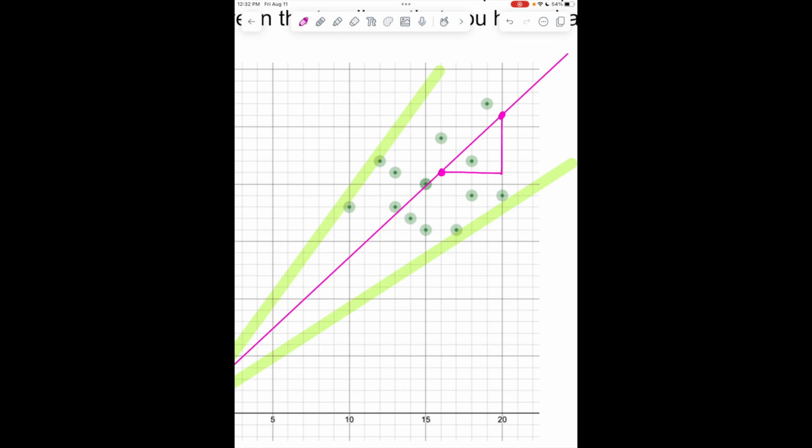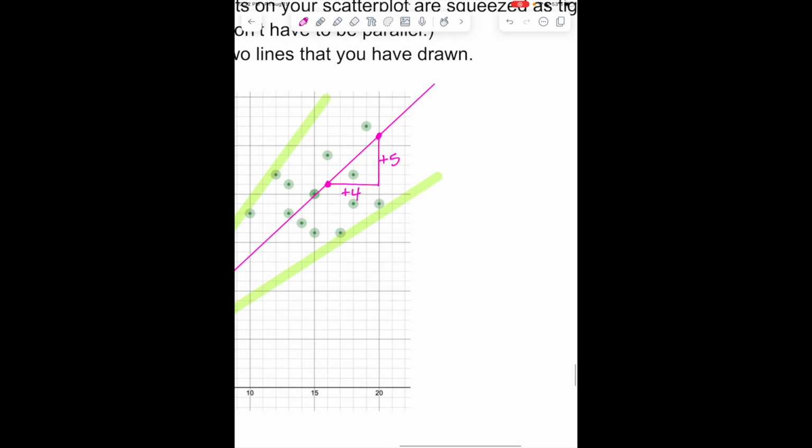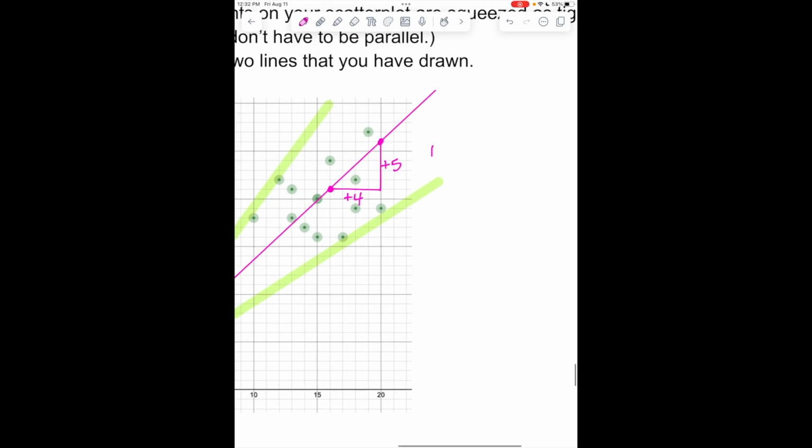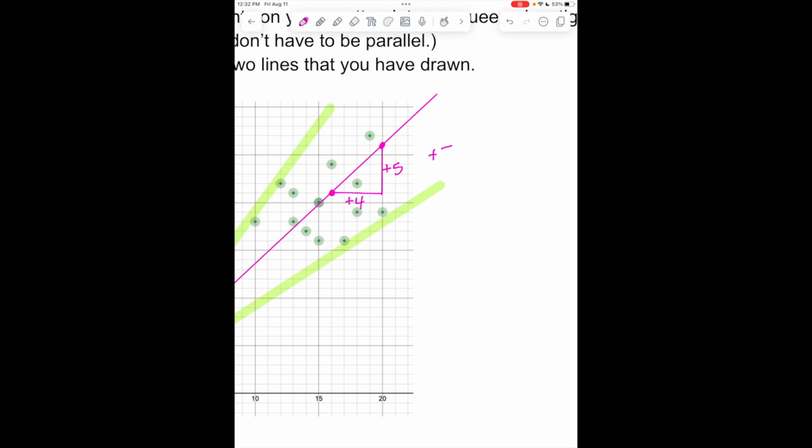All right, so I have +4 here, and 1, 2, 3, 4, +5 here. So rise over run would be +5 over +4.